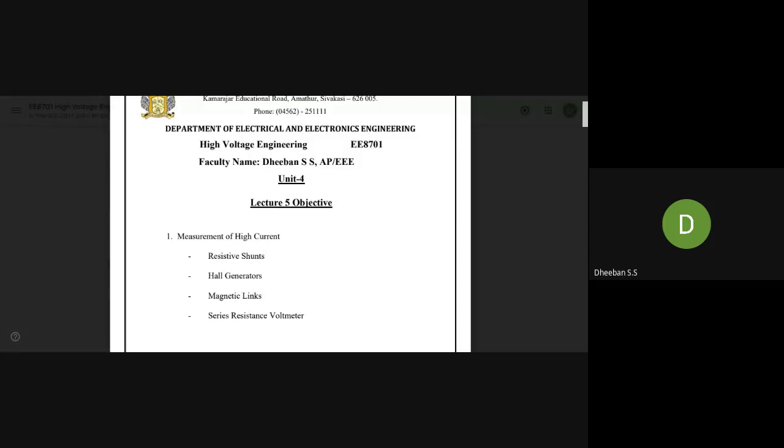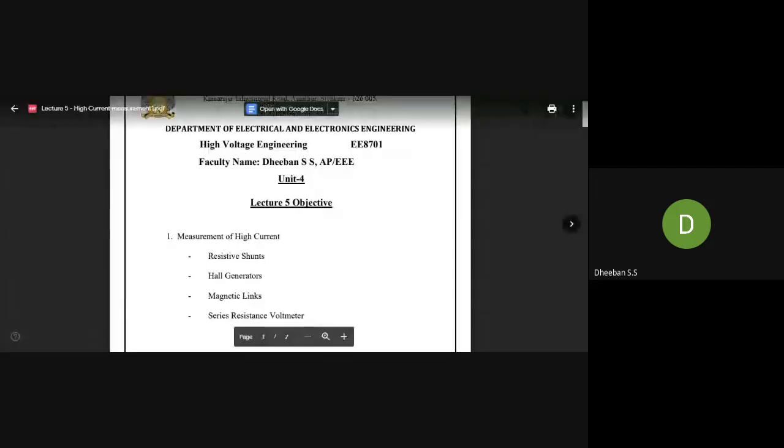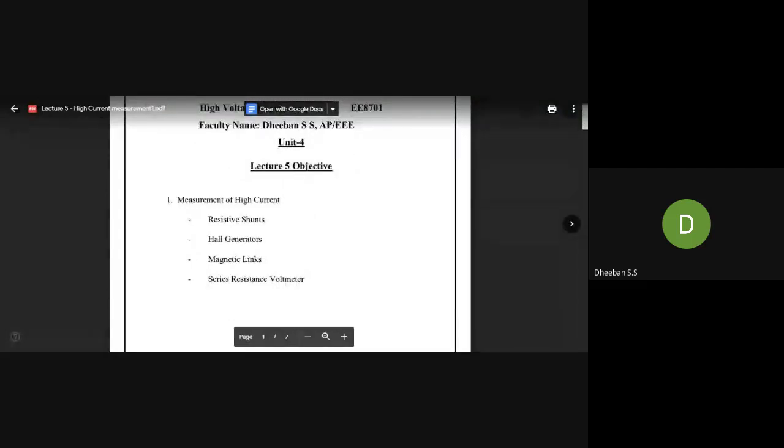This includes the main four methods, which are resistive shunts, Hall generator, magnetic links, and then series resistance voltmeter. We will be covering these four methods in this lecture. These four methods are very important for current measurement. They might separately ask each of them as an 8-mark question.